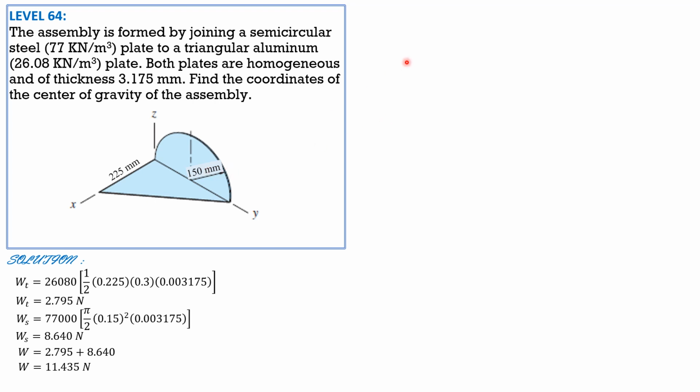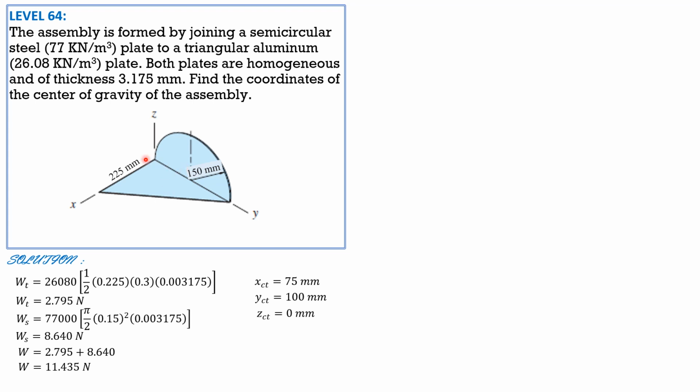By Varignon's theorem, the x coordinate of the triangular plate is 1/3 of 225, so 75. The y coordinate is 1/3 of 300, so 100 mm. And the z coordinate, as I said, the xy plane cuts the thickness into halves, so 0.